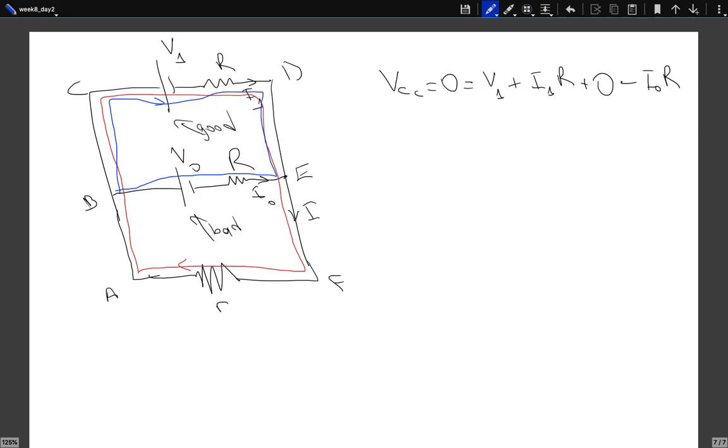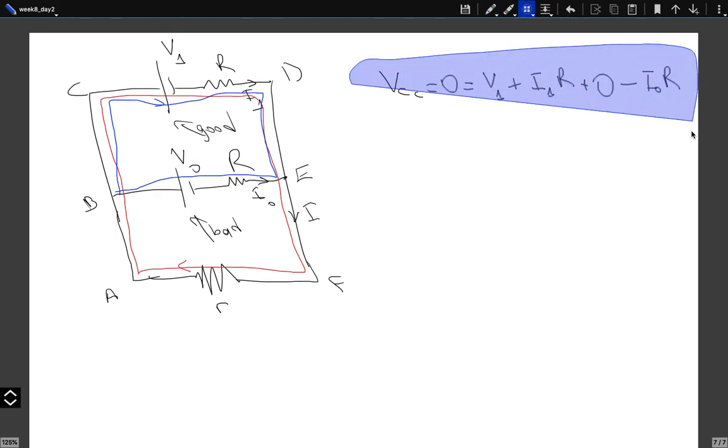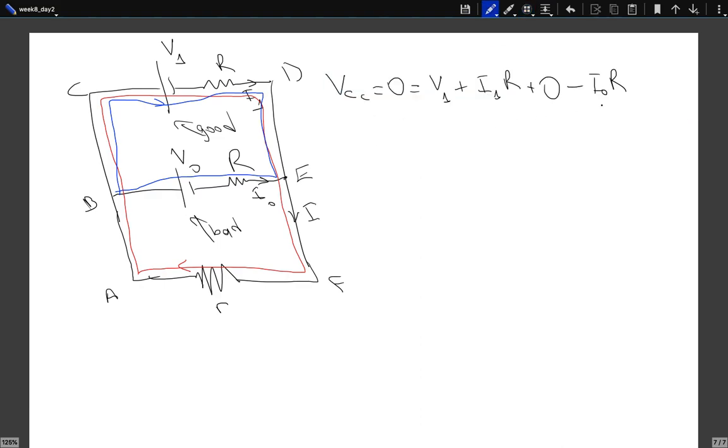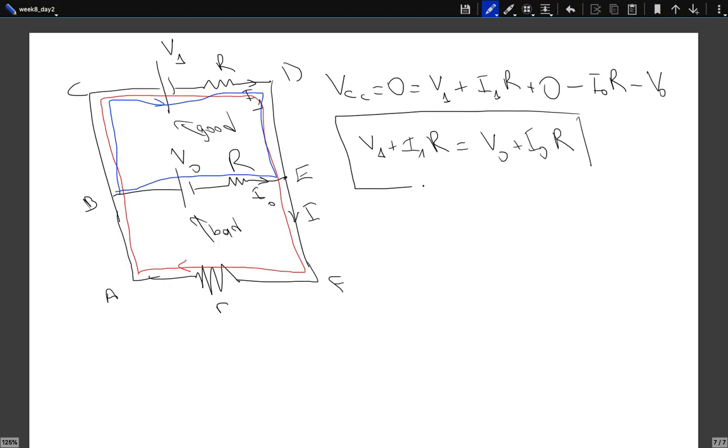And from this point to this point, the potential drop? Minus V0. So V1 plus I1R should be equal to V0 plus I0R. This is my third equation.